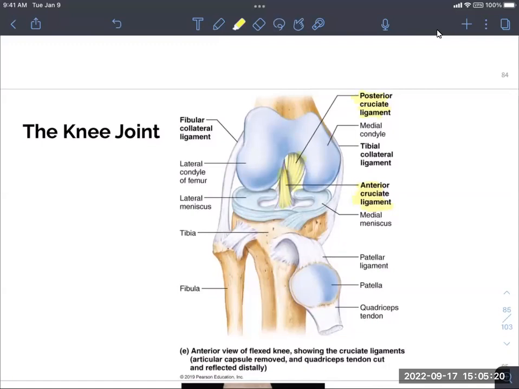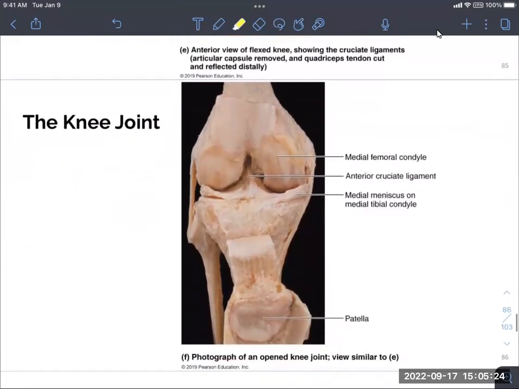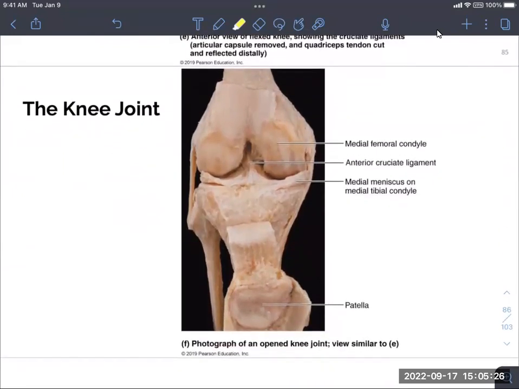They are all holding your knee in place. Here it is on a cadaver. You can see that anterior cruciate ligament. You see that medial meniscus. We're here on the other side. This is your lateral meniscus. And here you can kind of see that posterior cruciate ligament.